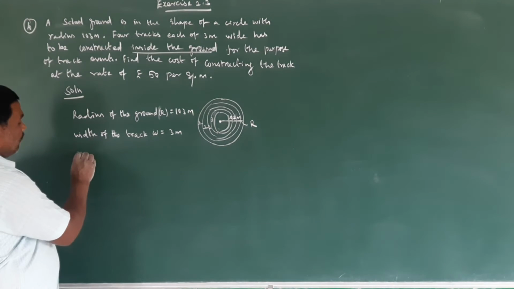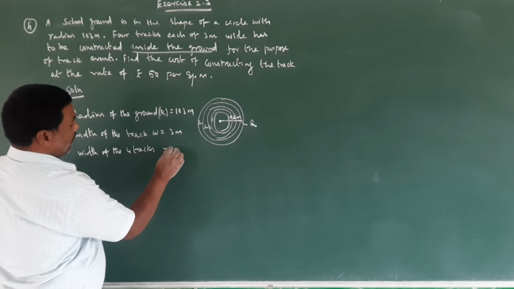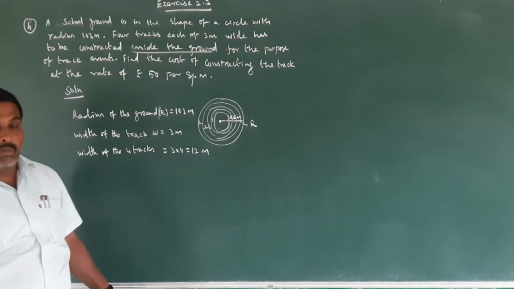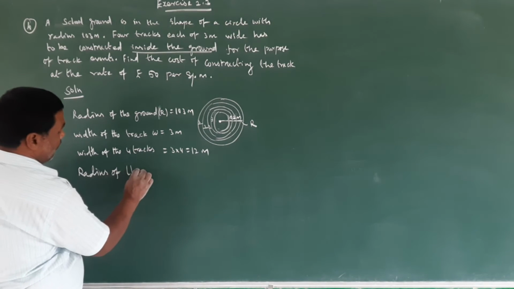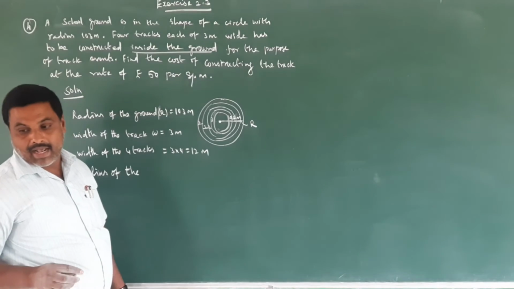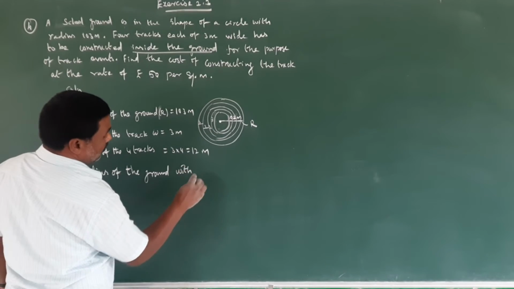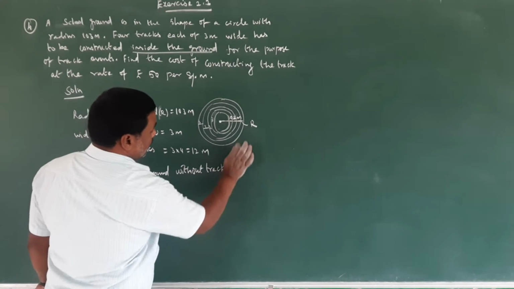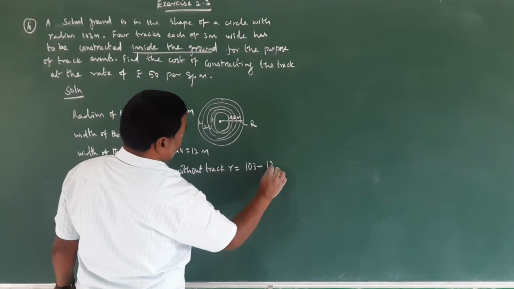Now, width of the 4 tracks equal to 3 into 4, 12 meters. Now, radius of the ground without track, small r equal to 103 meters minus 12.